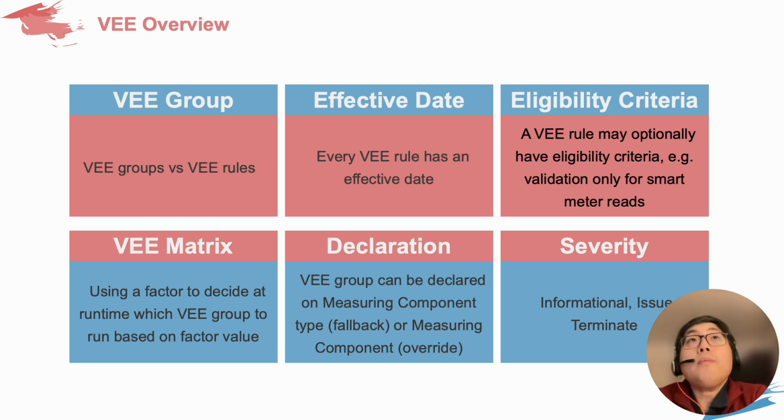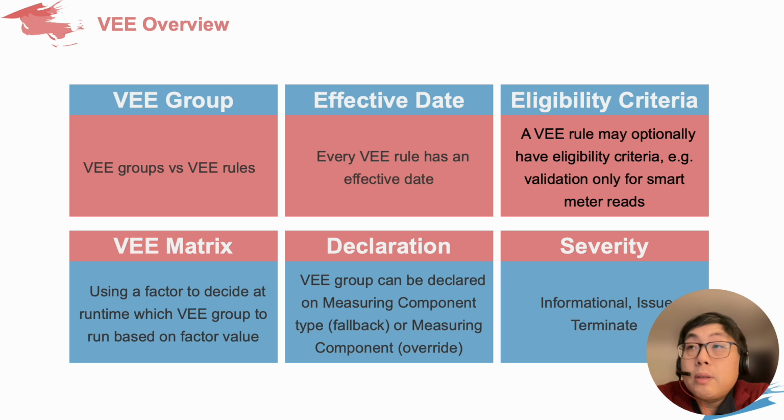For VEE rules, we will have VEE groups. You create groups and then you have rules within the group. For each VEE rule, you have an effective date. So potentially, based on the effective date, you could have multiple rules running at different dates.